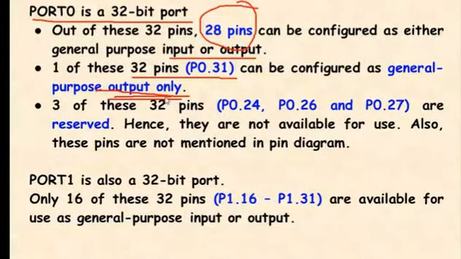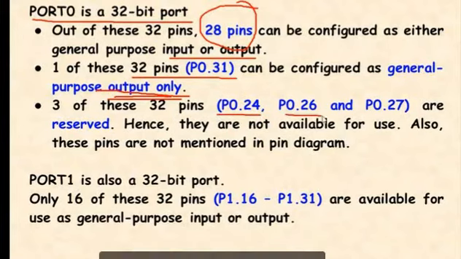You cannot make P0.31 an input. It is compulsory output only. And 3 pins of the 32, P0.24, P0.26 and P0.27, are reserved. They are reserved and hence not available for use.